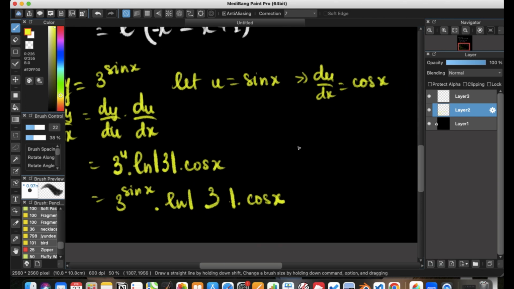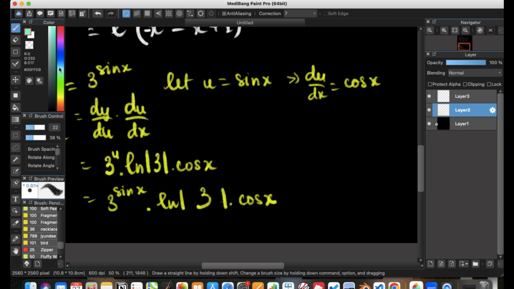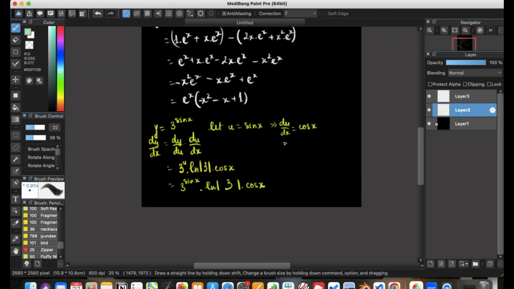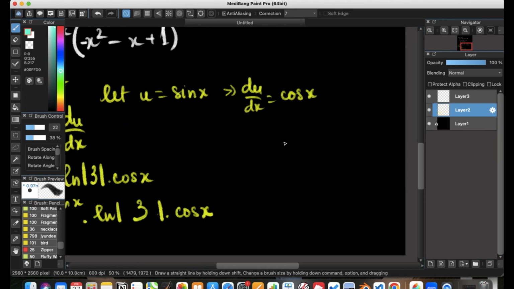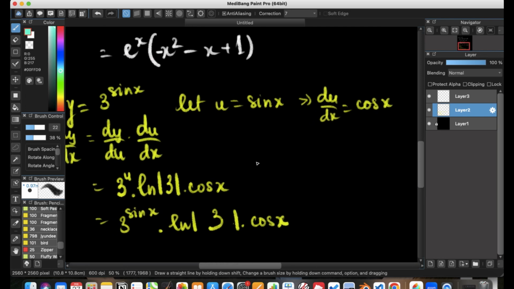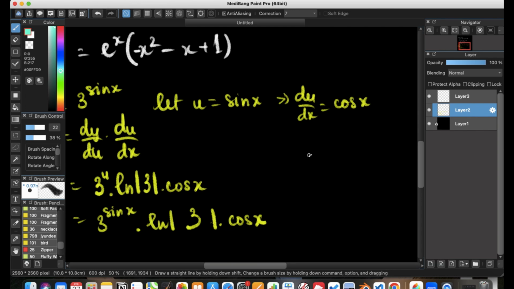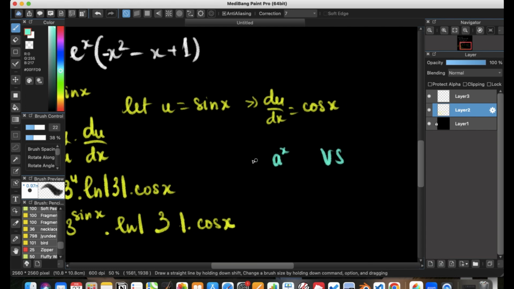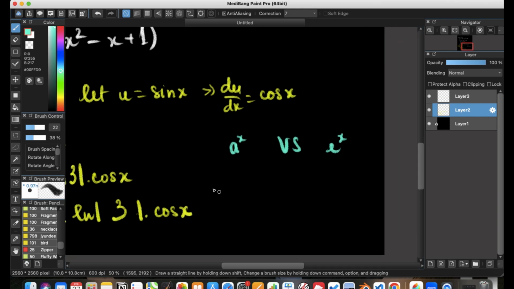Yeah, because our formula. No, I'm just trying to challenge you guys, to see if you noticed my mistake, because our formula is different. Okay, first, let's revise. We have a to the power of x versus e to the power of x, right? The thing that's different here is a and e.